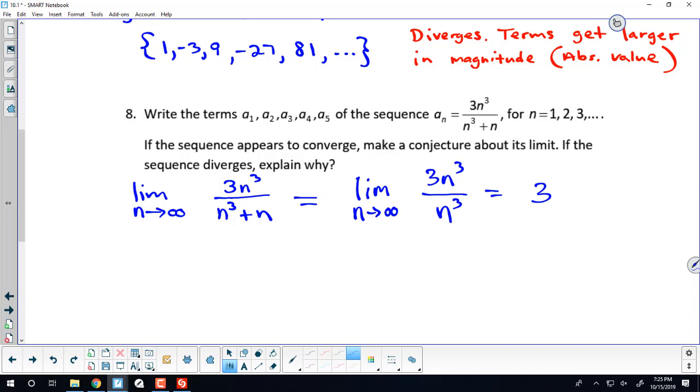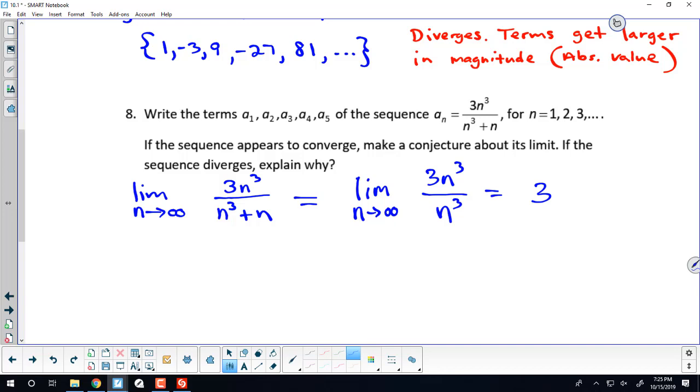So the sequence converges to 3. We can spend time writing out the terms to verify that, but we know for sure, based on the limit, the terms get closer and closer to 3. In fact, the 5th term is like 2.88. Again, it's not saying that the 5 billionth term will be identical to 3.